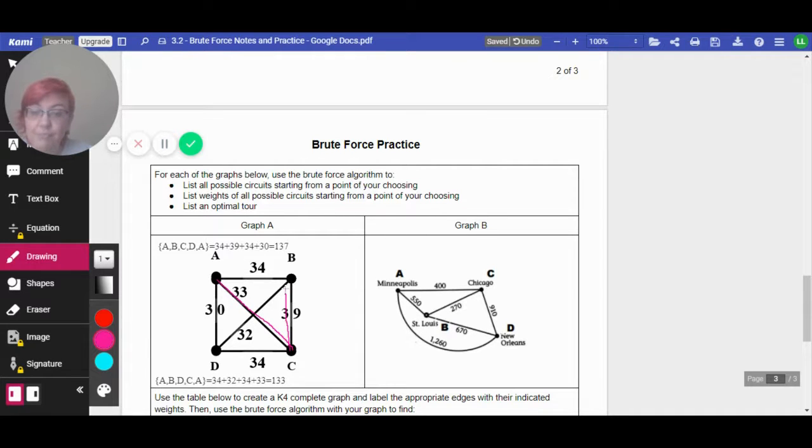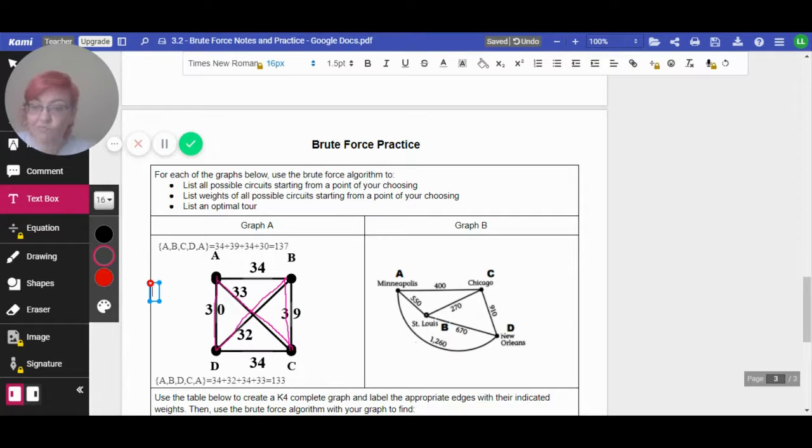So it's going to go to B, D, A. A, C, B, D, A. And that is 33 for A to C, 39 for C to B, 32 for B to D, and 30 for D to A. 33 plus 39 plus 32 plus 30 is 134.